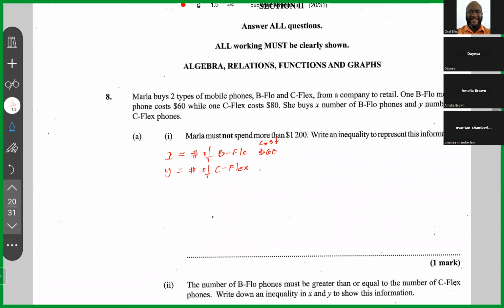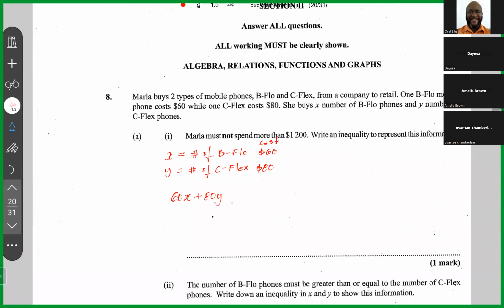And each C-Flex phone costs what? $80. Now, if I bought x phones and each of them costs $60, it means I would have spent what? 60x on B-Flow phones. If I bought y C-Flex phones and each of them costs $80, it means I would have spent 80y on C-Flex phones.